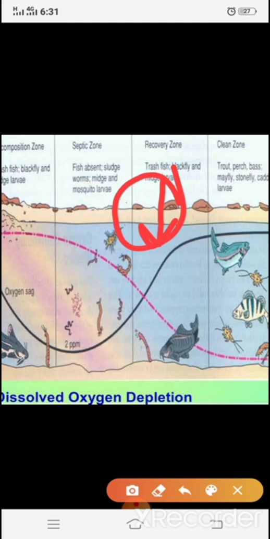While being decomposed, a level is reached when the organic load is gradually reducing. So the rate of deoxygenation is reducing.